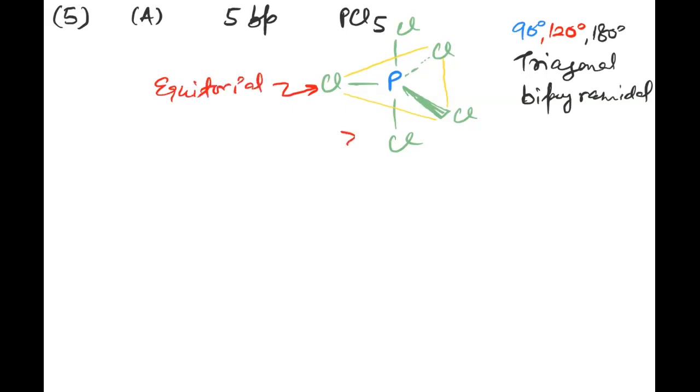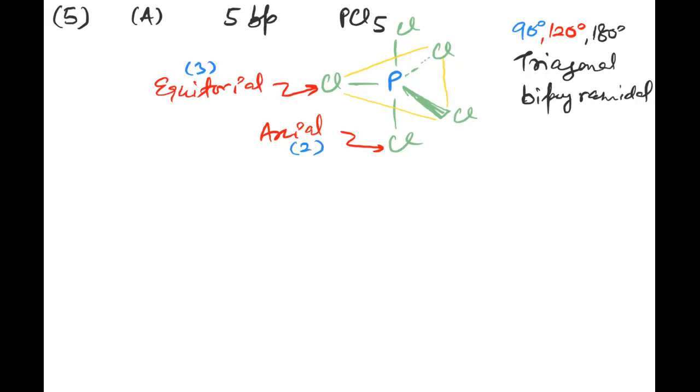Equatorial, and obviously this chlorine is known as axial chlorine. So we have 3 equatorial and 2 axial positions.